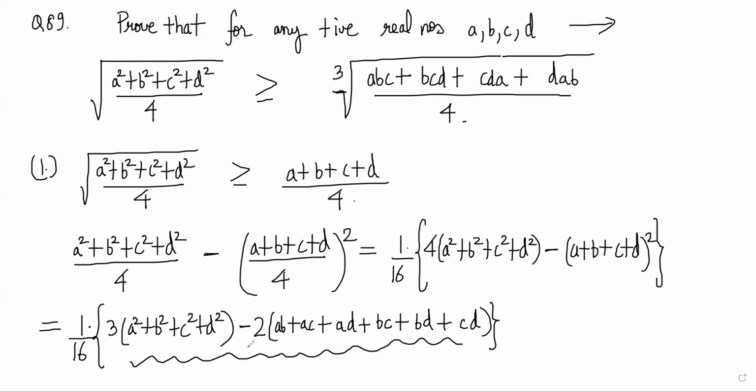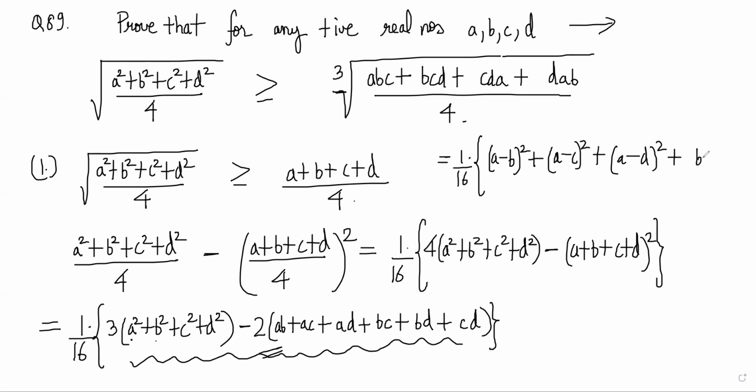What you can do easily here is write this as a sum of multiple perfect squares. So if you think about it, this is equal to 1 by 16 times ((A minus B) whole square, which gives 1 A square, 1 B square and minus 2AB, plus (A minus C) whole square plus (A minus D) whole square plus (B minus C) whole square plus (B minus D) whole square plus (C minus D) whole square).